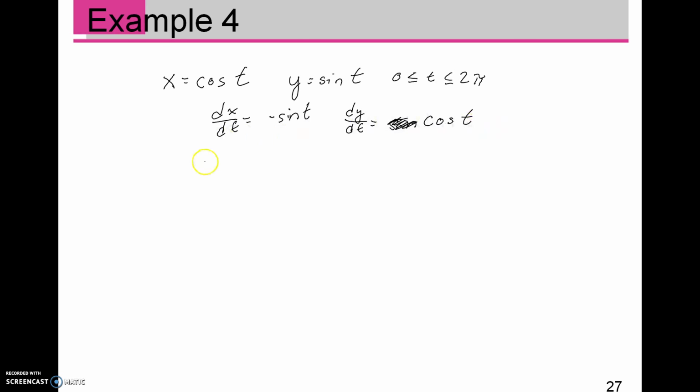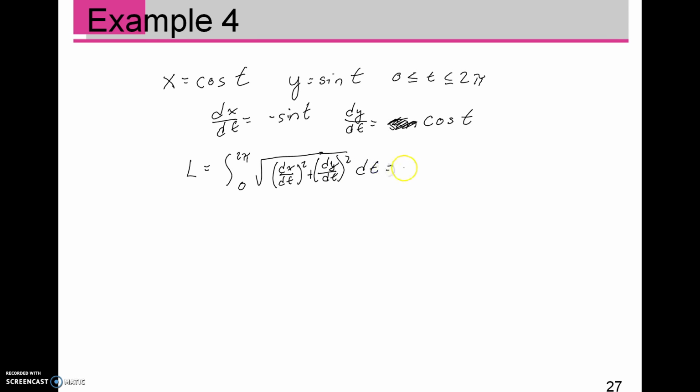So we can go ahead and use the arc length equation: from 0 to 2 pi, the square root of dx dt squared plus dy dt squared, dt.